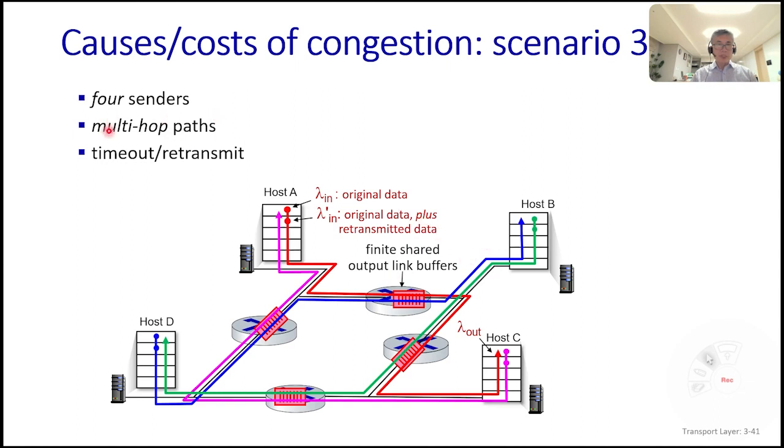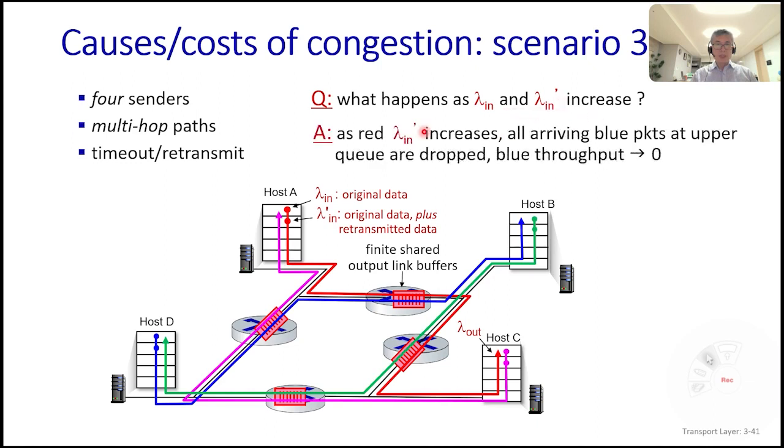So for the sender, multi-hop paths and timeout retransmission happen. And here we have four routers with finite shared uplink buffers. Similarly, the question is what happens as lambda in and lambda in prime increase.